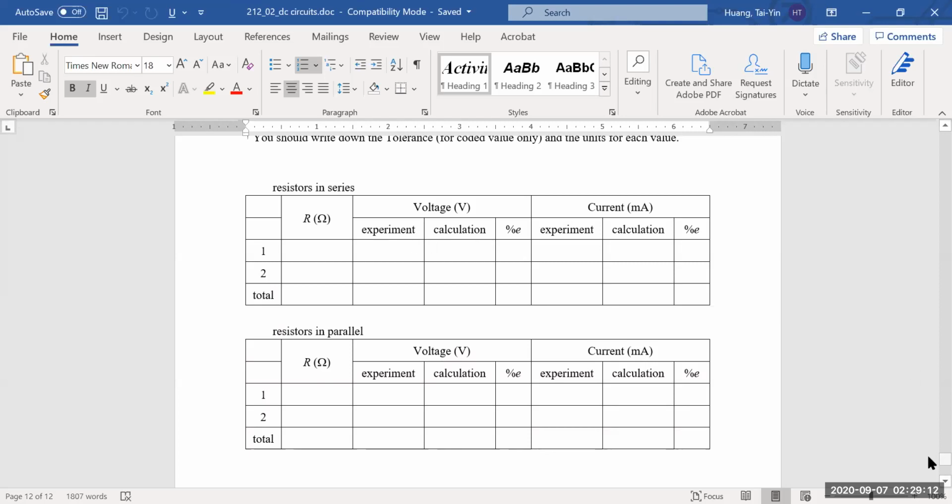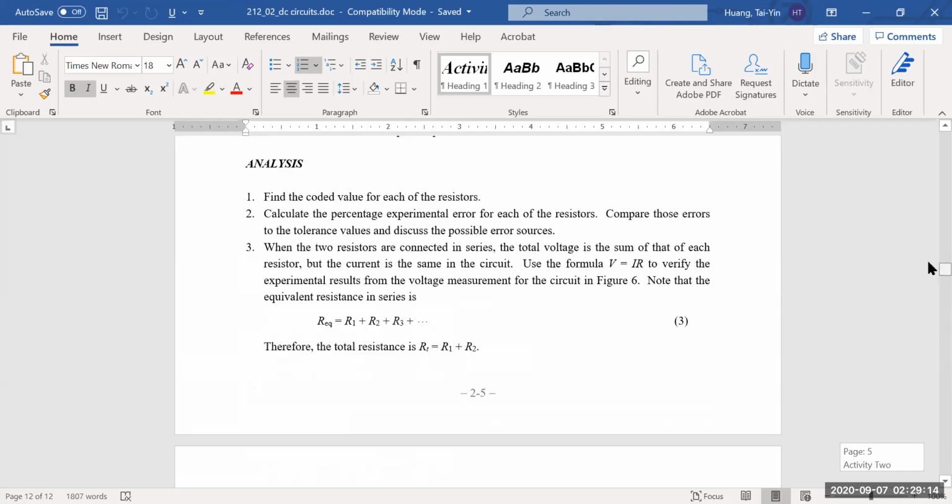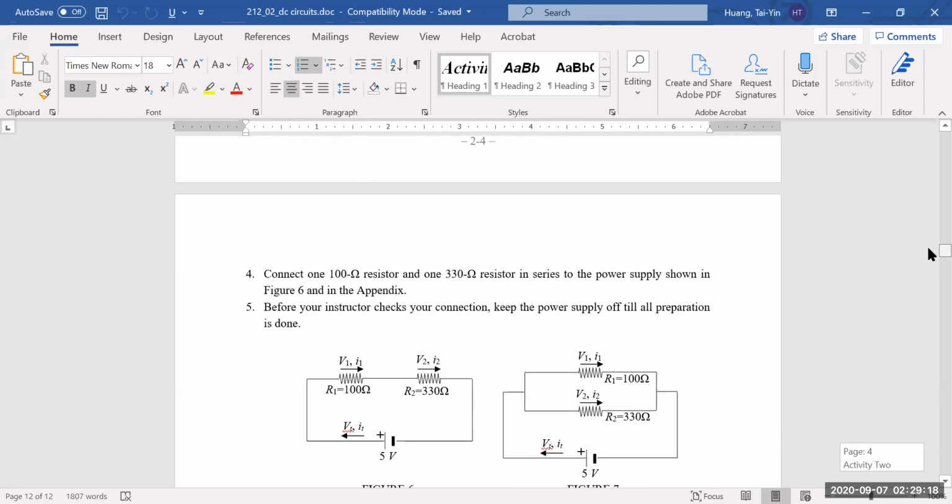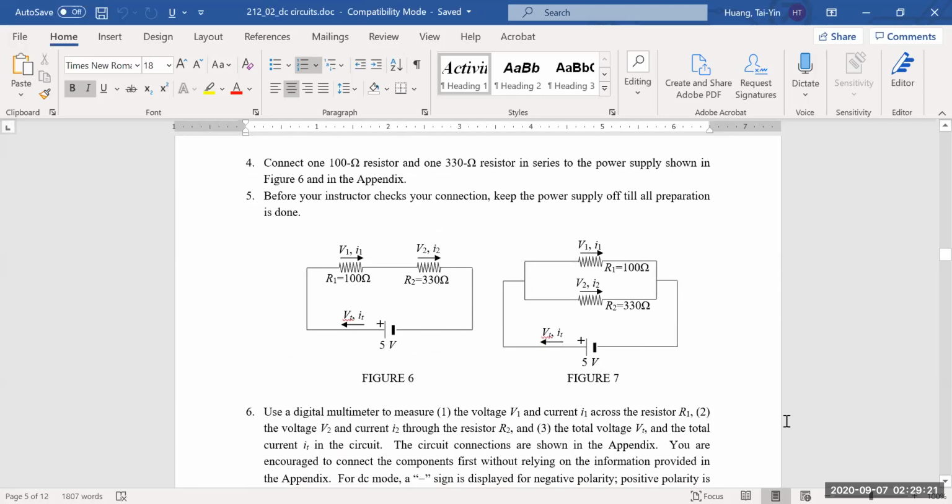Okay, so scrolling up, let's see how we do that. Like I said, you're given two resistors. You want to connect them in series or in parallel. When you have two resistors connected like figure 6, this is what we call a series connection. So this is a series circuit. What is the characteristic of a series circuit?